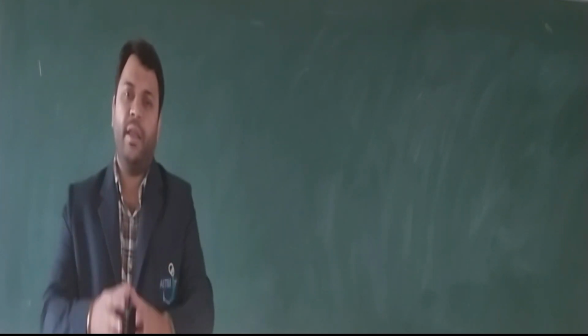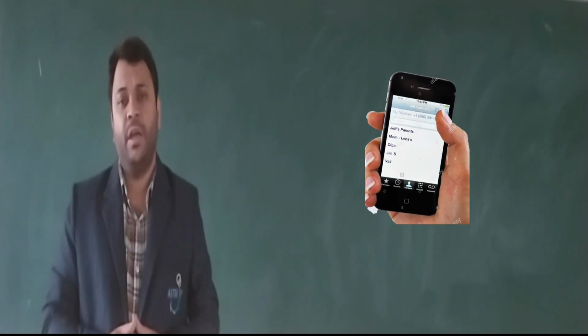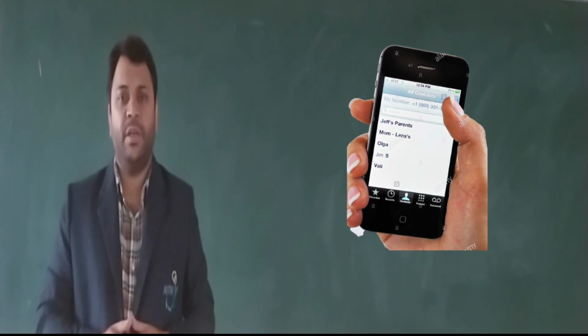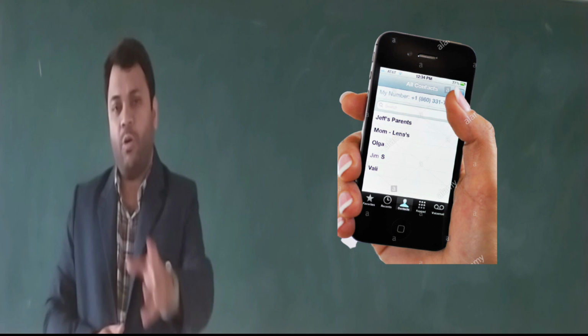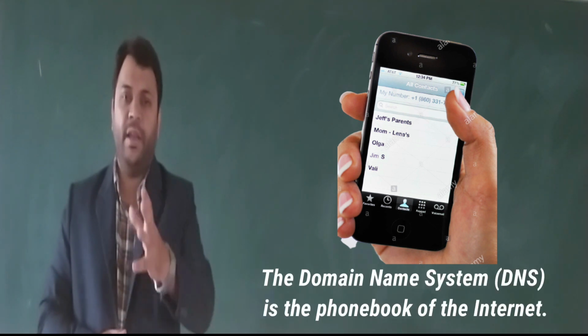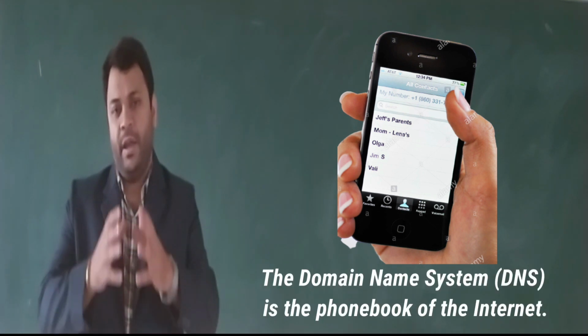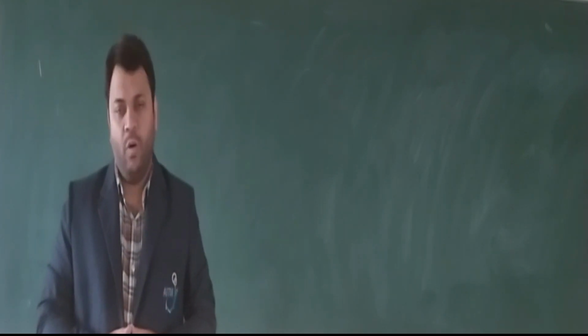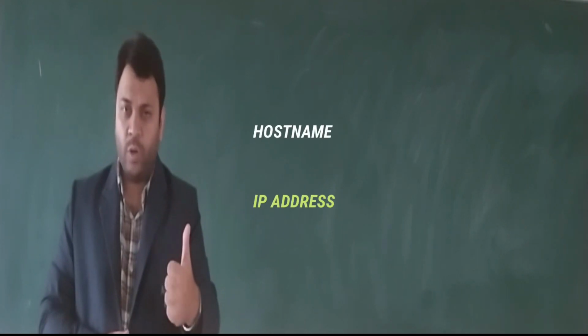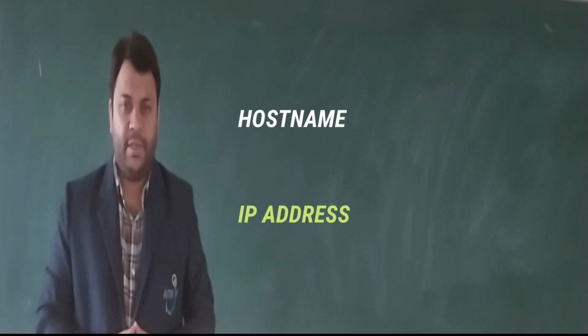Think of the DNS like your smartphone's contact list, which maintains people's names with their phone numbers. The domain name system, that is DNS, is the phone book of the internet. So there are two ways to identify a host, by its host name and by its address.